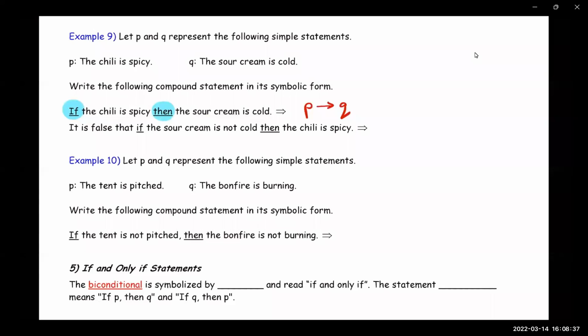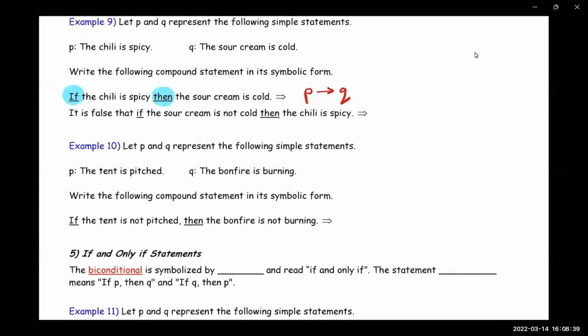Oh, okay. All right. It is false that if the sour cream is not cold, then the chili is spicy. This one is tricky. So let's ignore the "it is false that" for now. Let's just pretend that's not there and write this statement first. How would you write the first part?